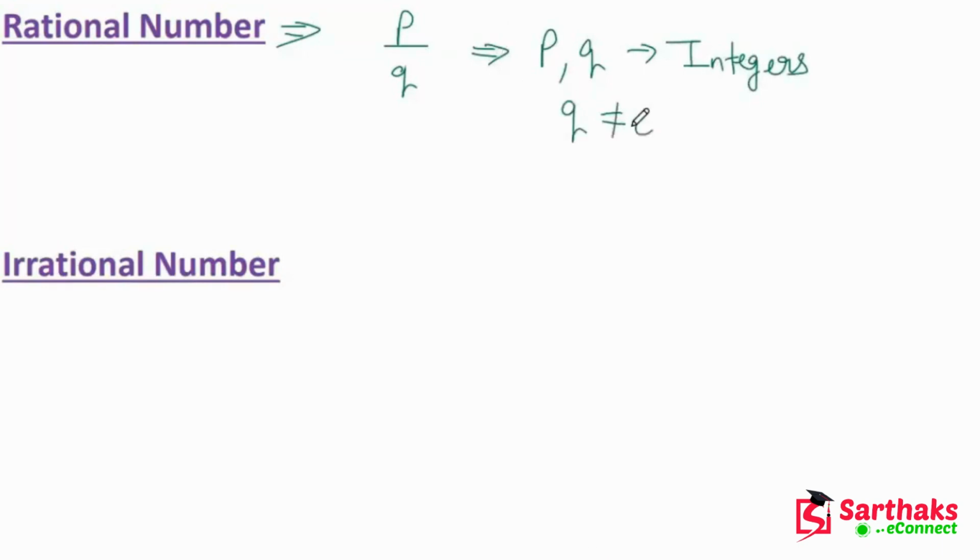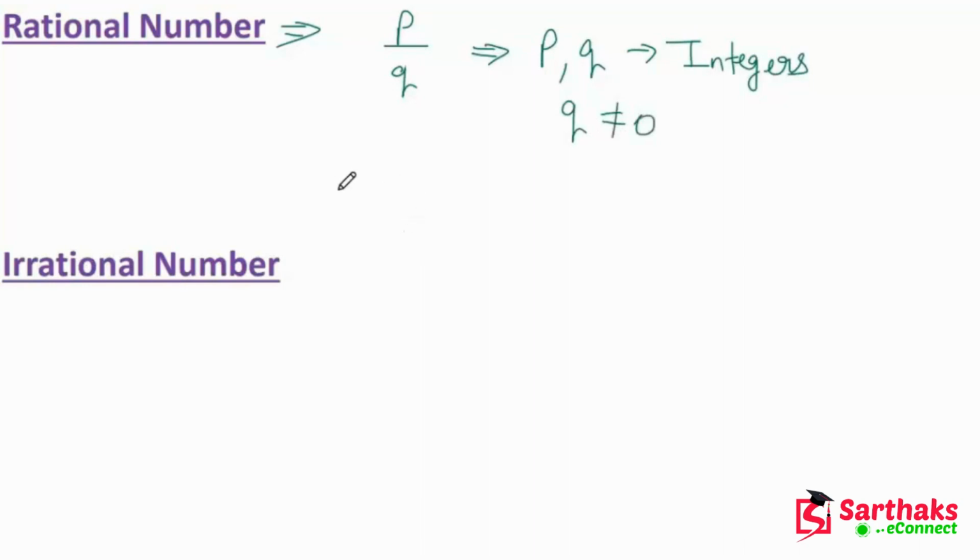What is a rational number and what is an irrational number? A rational number is a number which can be expressed in the form of P upon Q, where P and Q are integers, and Q is not equal to 0.